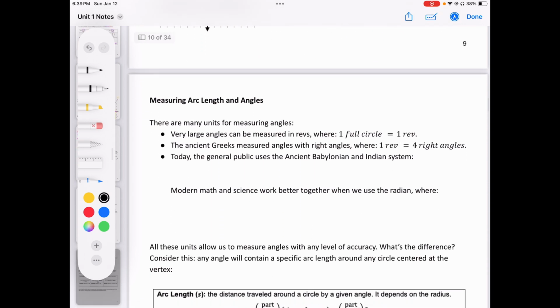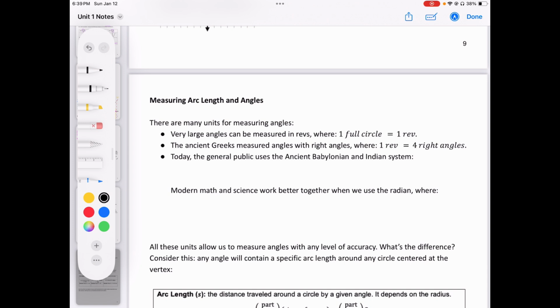Now there are a lot of units for measuring angles. You have revolutions, you have degree measurements, you have radian measurements. There's a ton of different ways. We call one revolution one full circle. The Greeks measured things with right angles, so four right angles was one revolution.